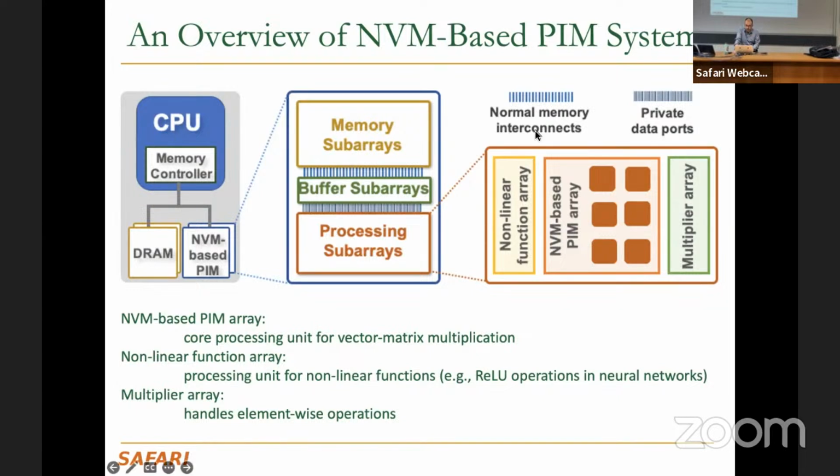So in your chip, you can have this NVM-based PIM array that does these dot products, and you also need to do the non-linear functions. You can consider it a processing-near-memory engine that they also integrated here to accelerate non-linear operations. And with that, they could improve performance.